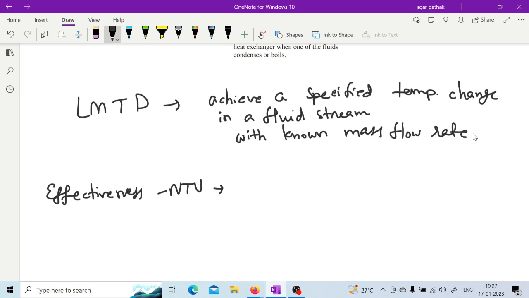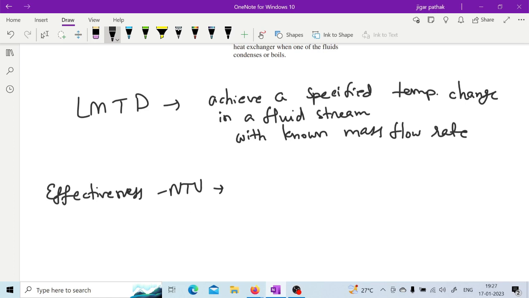At that time this LMTD is going to be applied. While the NTU method is applied when you need to predict the outlet temperature of hot and cold fluid in a specific heat exchanger.